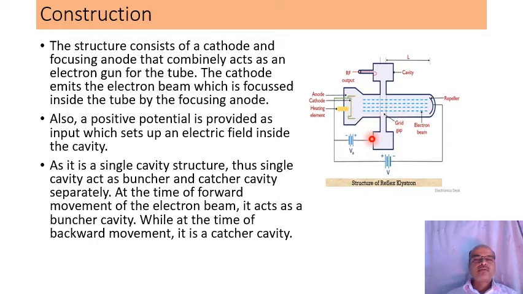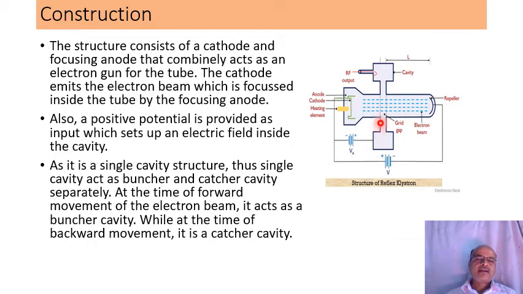Also, a positive potential is provided as an input, which sets up an electric field inside the cavity. As it is a single cavity structure, the single cavity acts as a buncher and catcher cavity separately. At the time of forward movement of the electron beam, it acts as a buncher cavity, while at the time of backward movement, it is a catcher cavity.